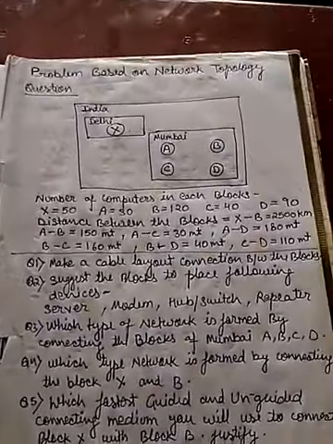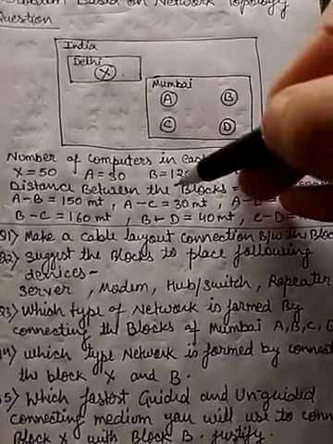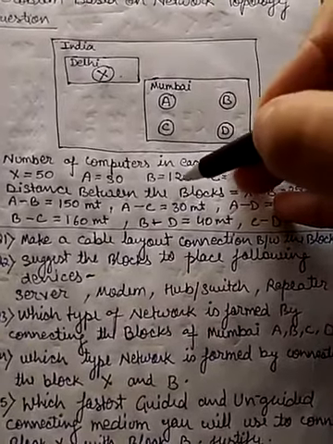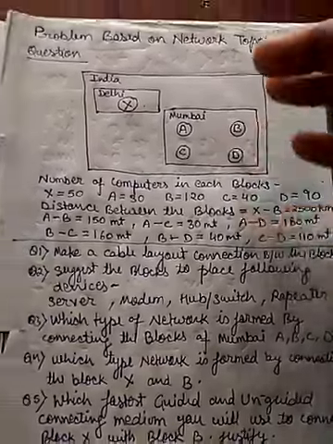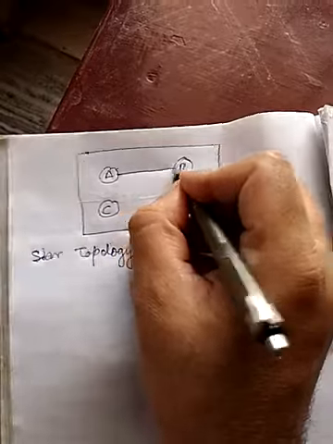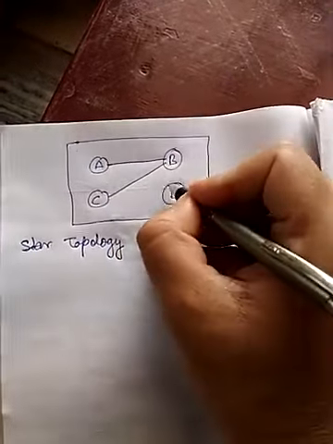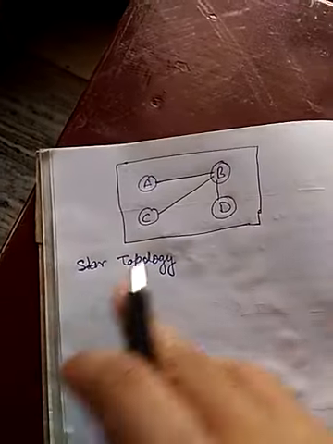In star topology, all the computers are directly connected with the server. Hence, block B is having the maximum number of computers, so the server is placed here. So simply just connect all the blocks with the block B in this way. So it makes the star topology.